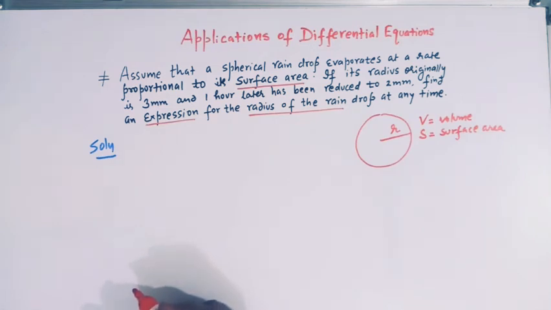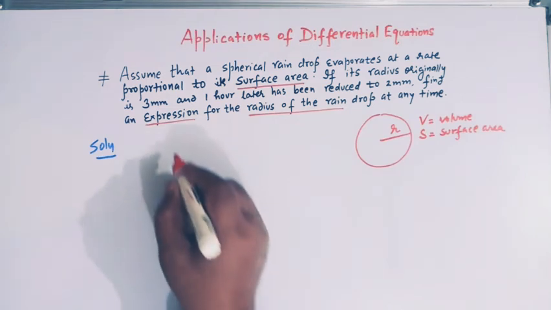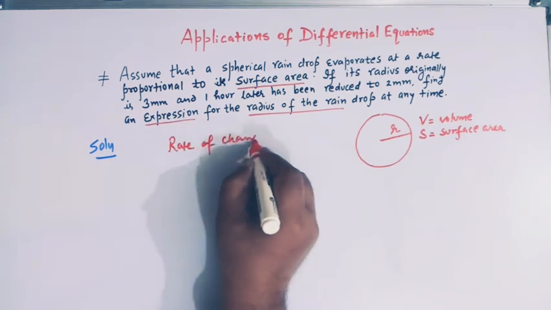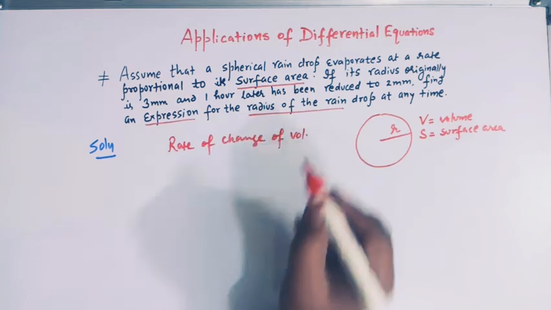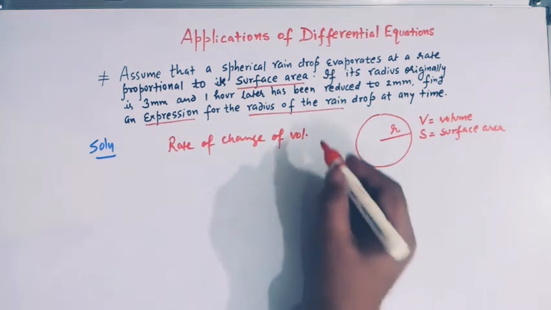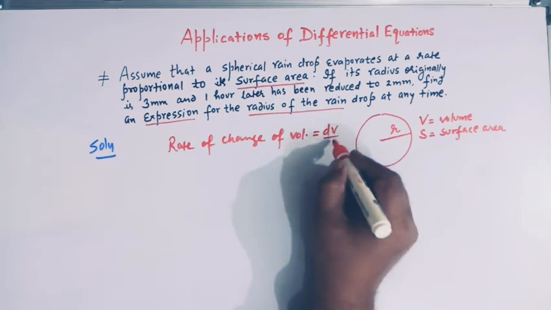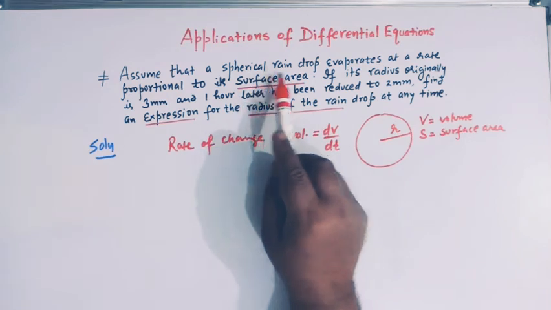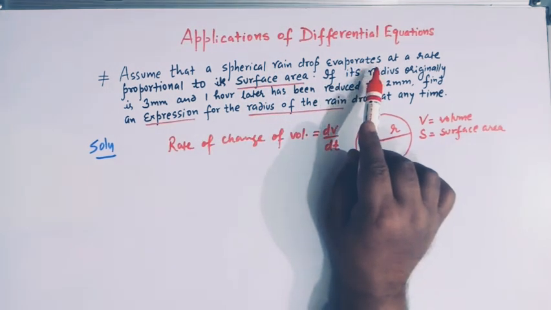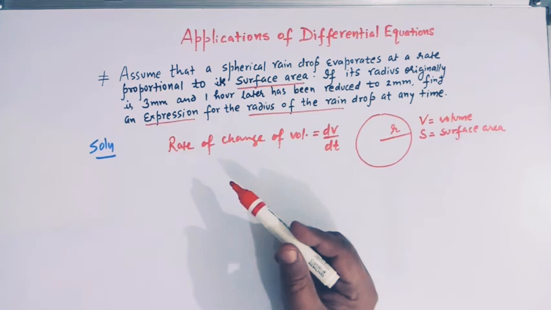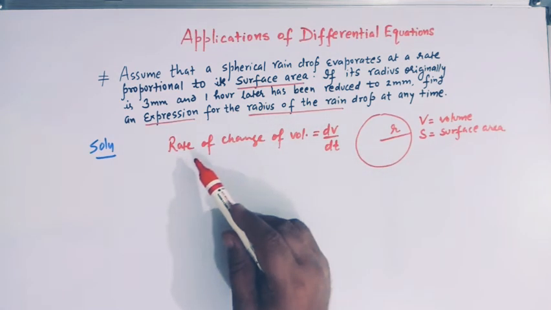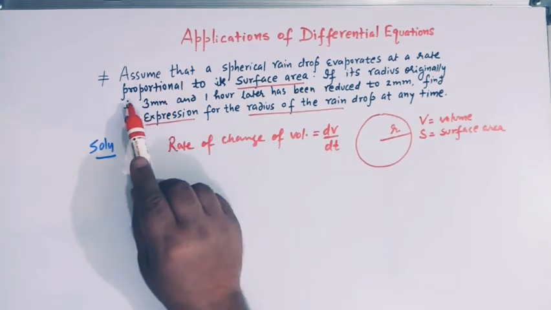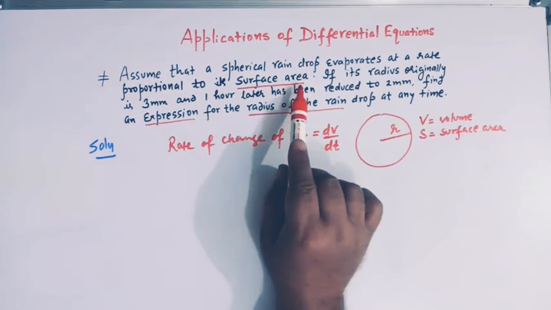Here the radius is r, v is the volume, and s is the surface area. Now we are given that the rate of change of volume, which can be written as dv over dt, because the raindrop evaporates, so there is a change in the volume, is proportional to its surface area.